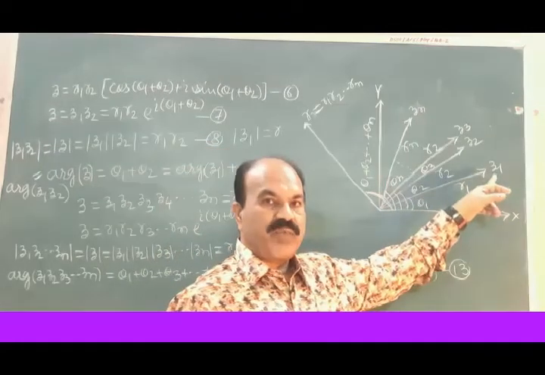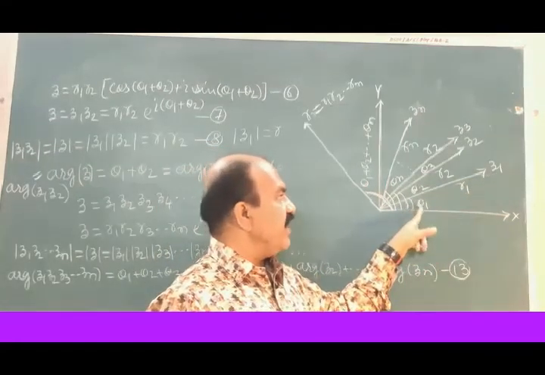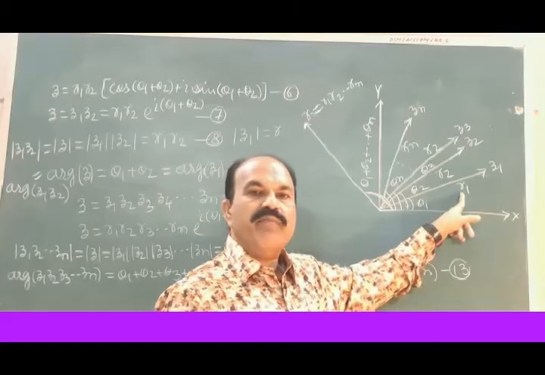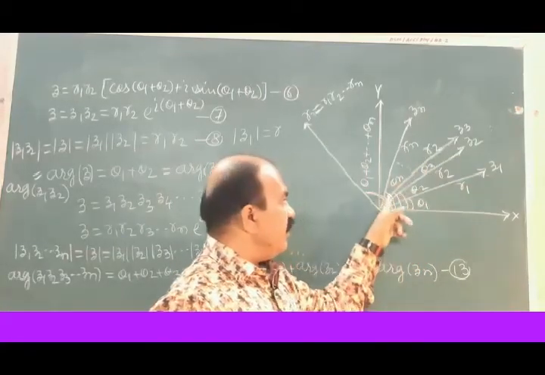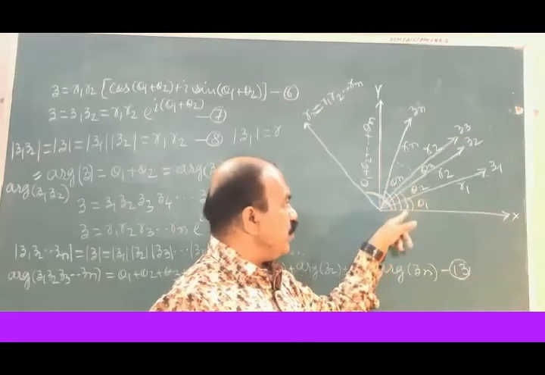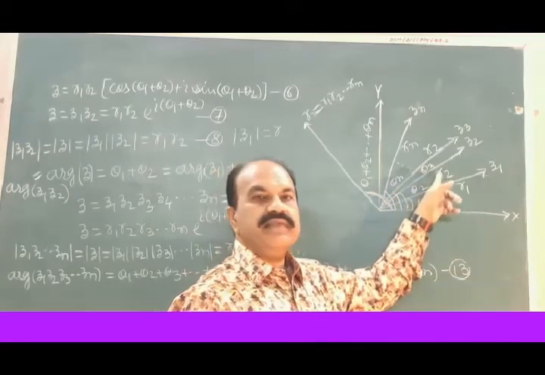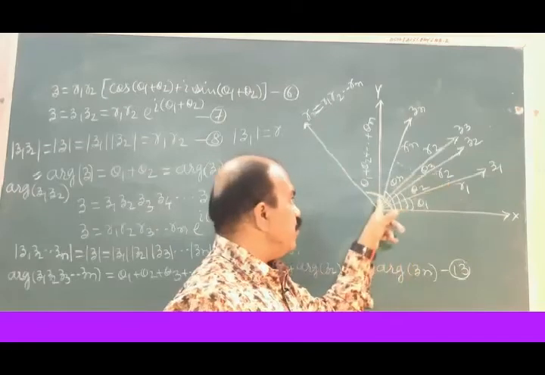Z1 is the first complex number with argument theta 1 and modulus R1. Z2 is the second complex number with argument theta 2 and modulus R2.